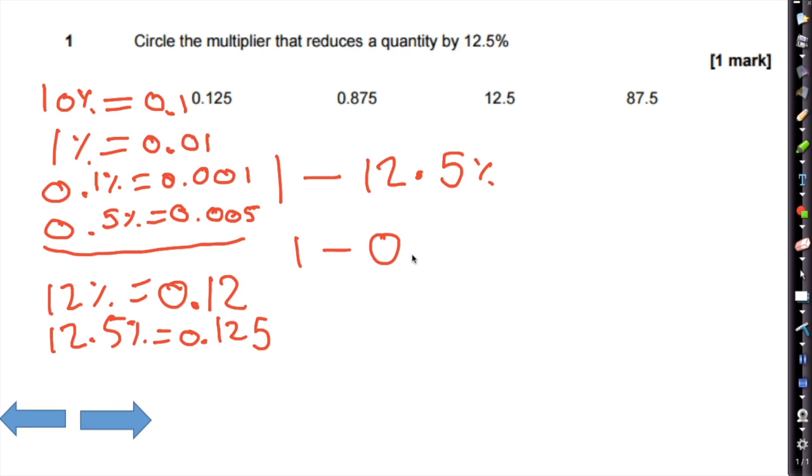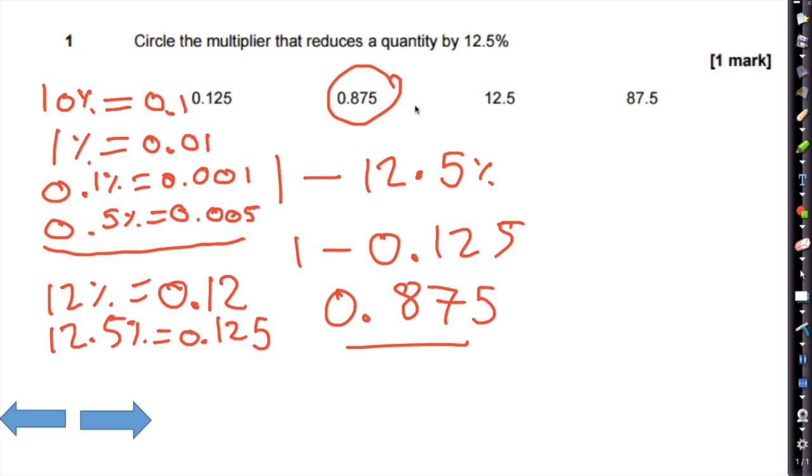So 1 take away 0.125, which we could do in our column subtraction. However, this is a calculator paper, so if we put that into the calculator quite quickly, we would have got 0.875, which is why our answer is this one, 0.875.